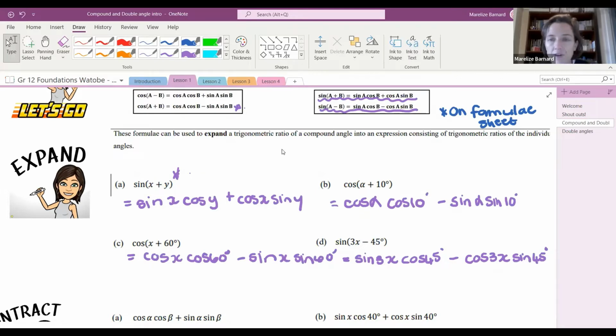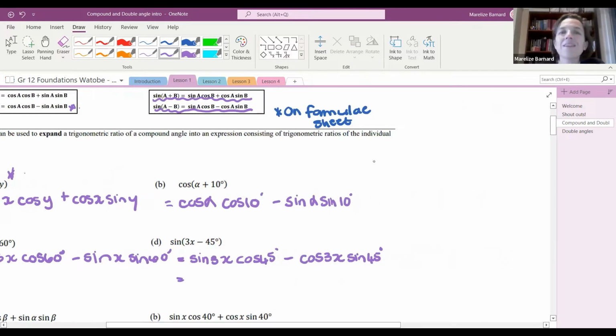So if you got this far, now your next step is going to be to change your cos 45 using your special angle triangles. I wonder who can remember. You all just wrote exams, so I'm sure you guys can remember your special angle triangles. 45, 1, 1, root 2.